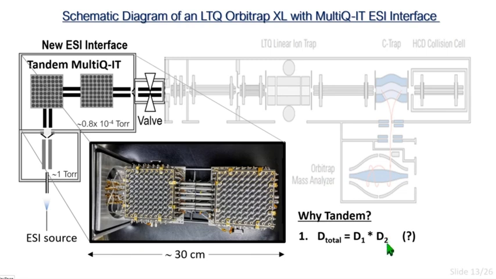The second idea is that we want to provide parallel channels between two MultiQ ion traps and use the first MultiQ ion trap as an ion beam splitter and the second as an ion beam combiner to assess the performance of parallel channels.